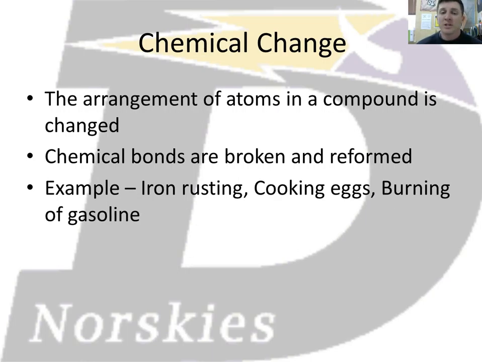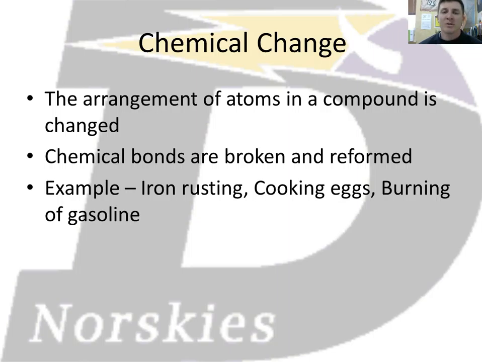In a chemical change, the arrangement of atoms in the compound is changed, and the chemical bonds are broken and reformed. For example, iron rusting. If you have a car that's rusty, that's a chemical change that is occurring. Cooking, any type, like an egg or a steak, you're denaturing a protein.